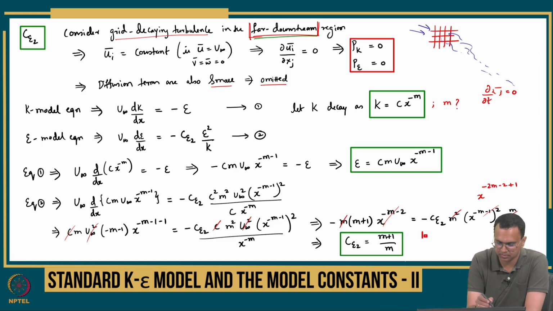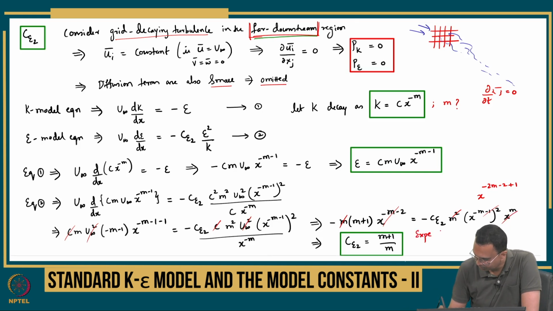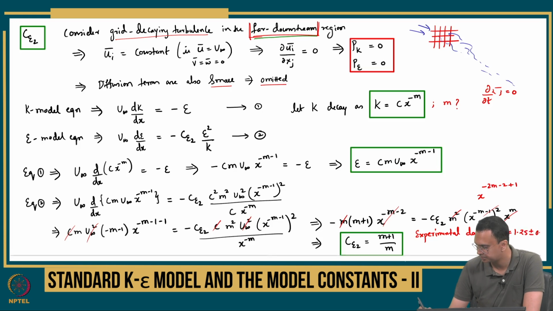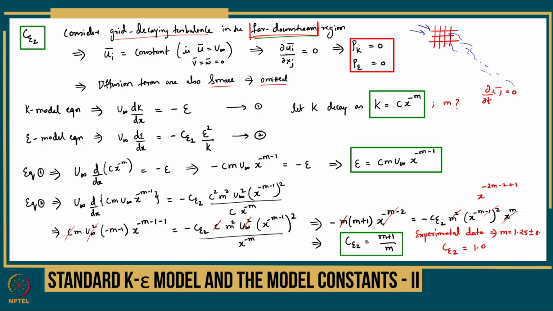Experimental data in grid decaying turbulence gives m equal to 1.25 plus or minus 0.06. If I substitute it here, the C epsilon 2 value comes out to be 1.92.